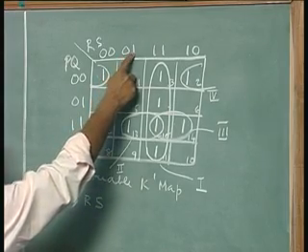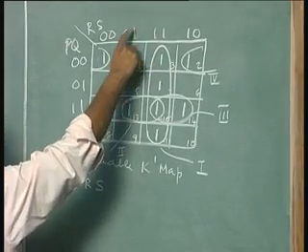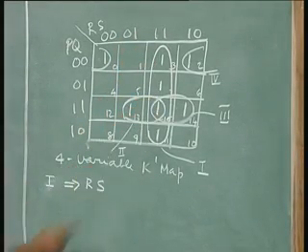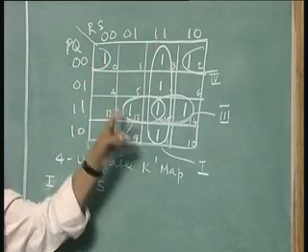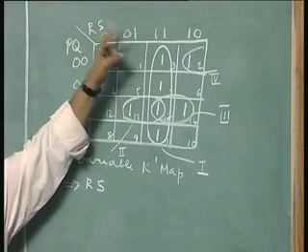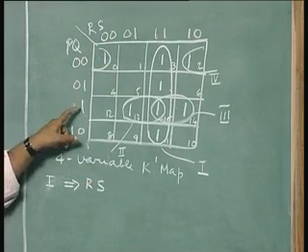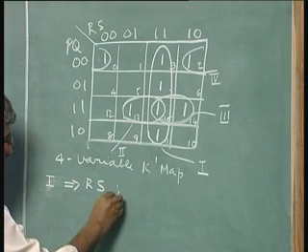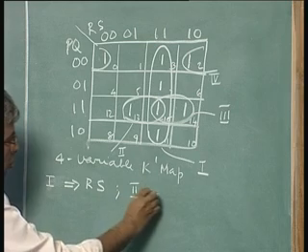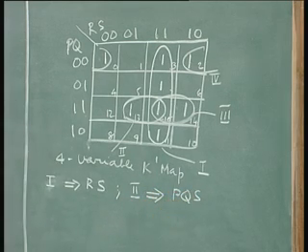Here S is 1, here also S is 1, whereas R is 0 here, R is 1 here. So, R changes from 0 to 1 between these two cells, so R gets knocked off, whereas S remains 1. So, 2 is nothing but PQS.